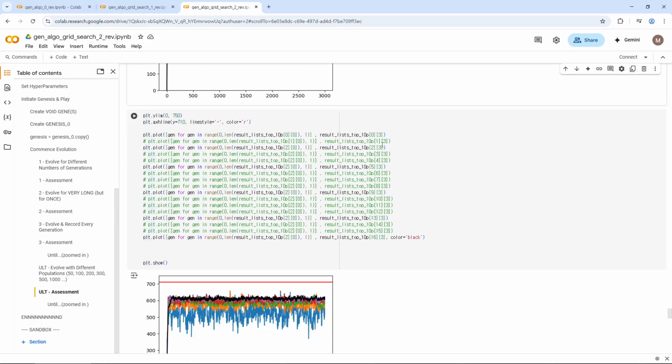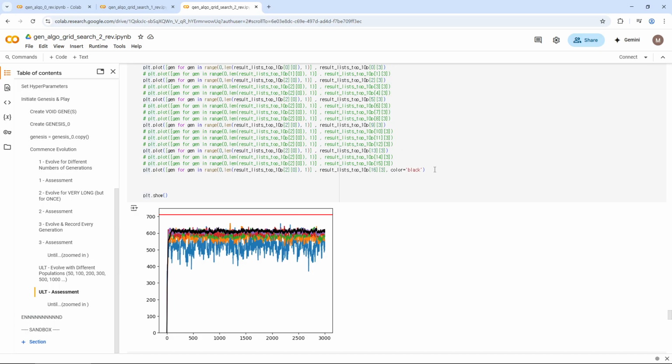And this is the plot for the top 10%. Again, the black one is when the population size is 2000. If you look closely, there's an orange peak here. That is very odd. I don't know how that happened. It's probably one of the very few times I see this.